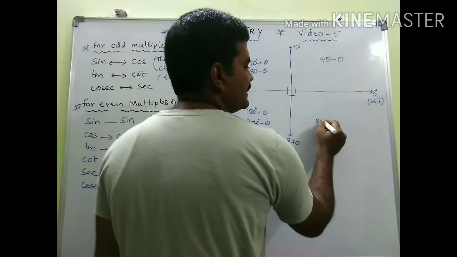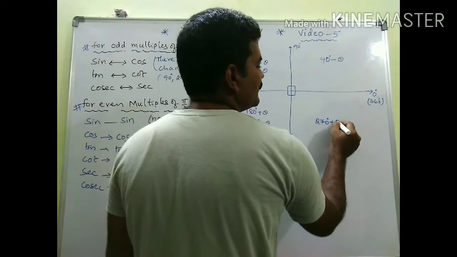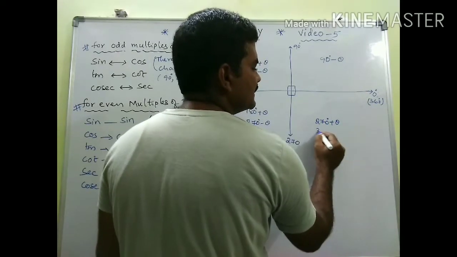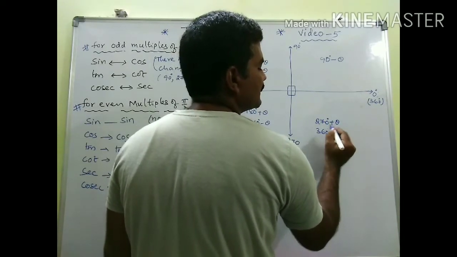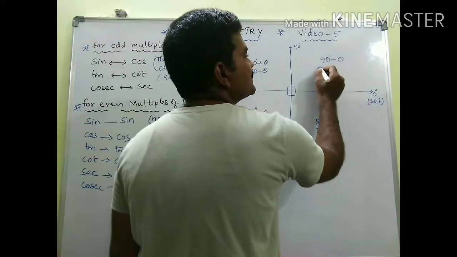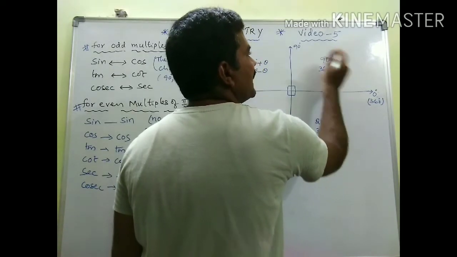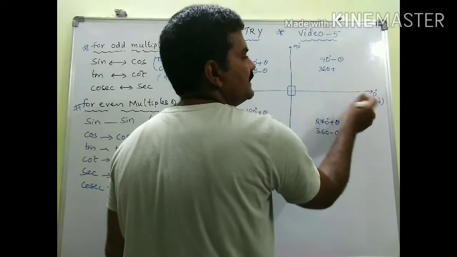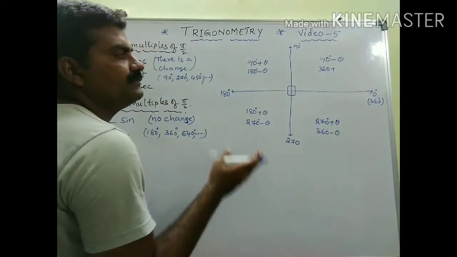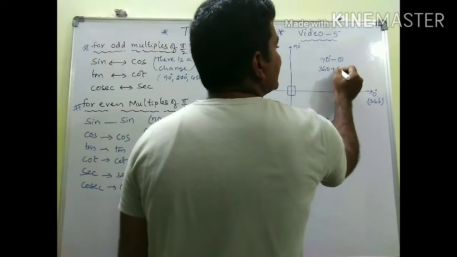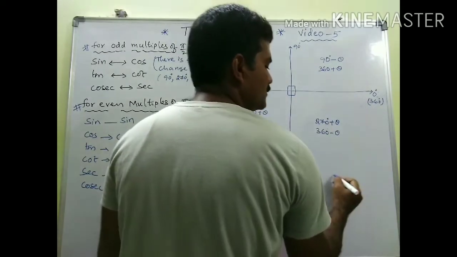Here 270 plus theta, and less than 360, that is 360 minus theta, and more than 360 also will be here only. 360 plus up to 90, means 360 plus 90 is 450, below 450 will be again here. So this goes on.